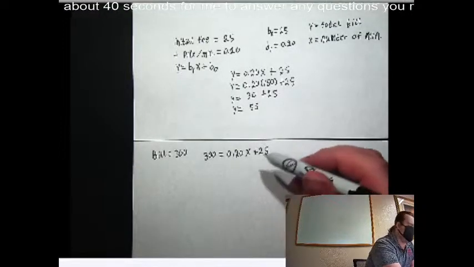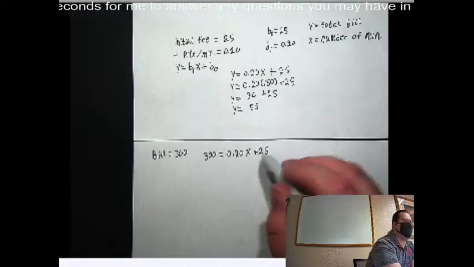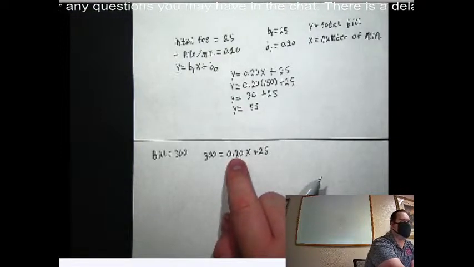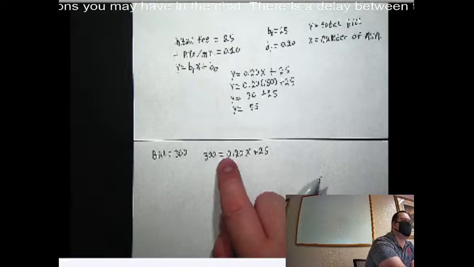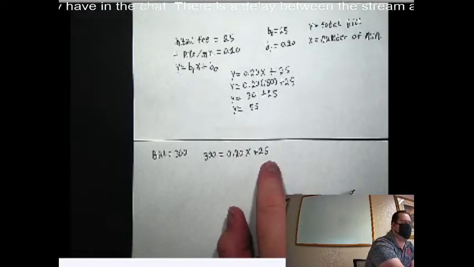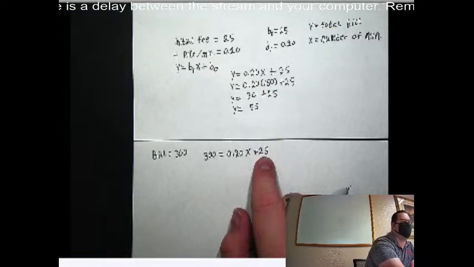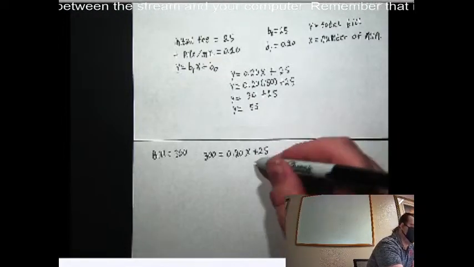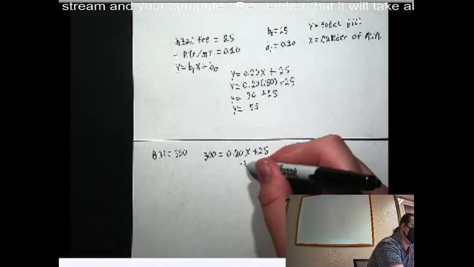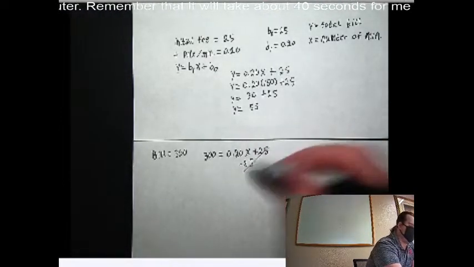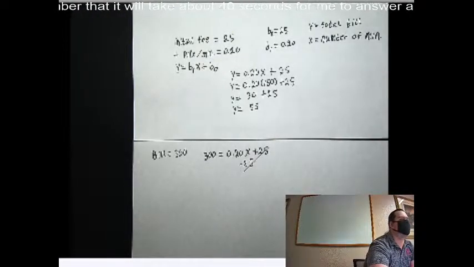Now I am going to subtract the 25, and there's a reason for that. If I divide the 0.2 off of this side, it has to divide off of the entire side. So I'd also have to divide 25 by 0.2, and I don't want to do that. It'd be much easier if I just subtract 25 from this side, and that means those cancel.